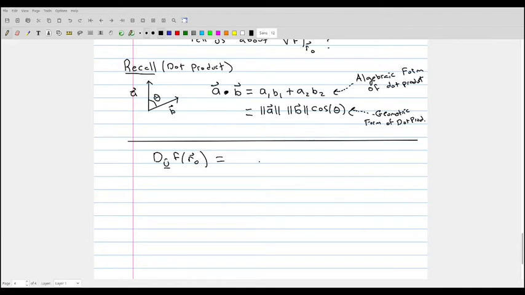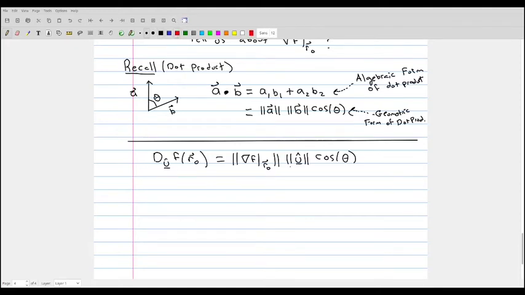is exactly equal to the magnitude of the gradient vector at the point r0 times the magnitude of u hat times cosine of theta, where theta is the angle between the direction that we're looking for the directional derivative in and the gradient vector.